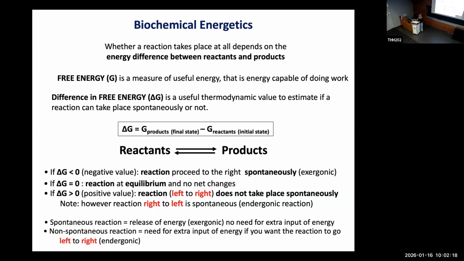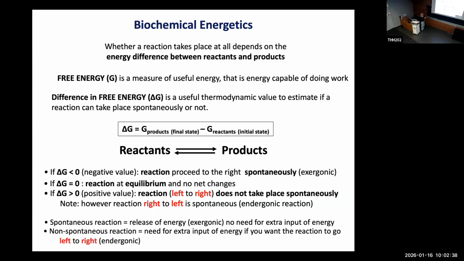Just because a delta G is negative does not mean the reaction happens out of control. In the long run, we'll talk about activation energies and how enzymes help facilitate reactions. So I'll usually say favorable, meaning a delta G is negative.